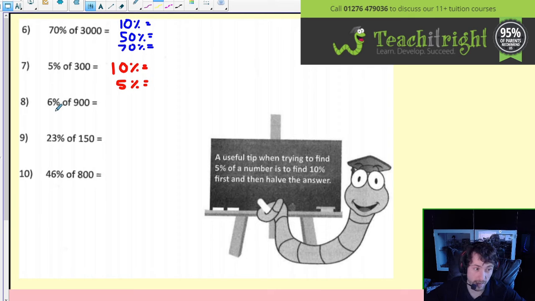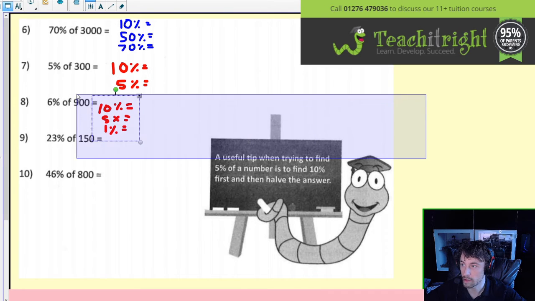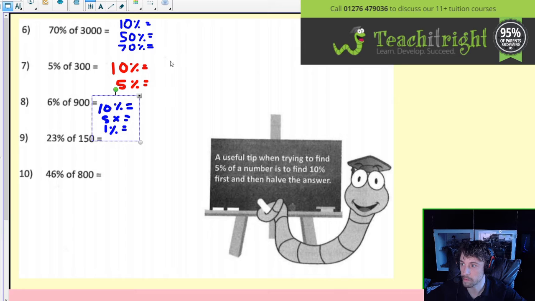For 6%, the way I would do it is I'm going to work out 10%, because 10% very quickly gets me to 5%. And then if I add 5% and 1%, I'm going to have an answer. Keep my color coding going. For 23%, so for number 9, I'll do that down here.